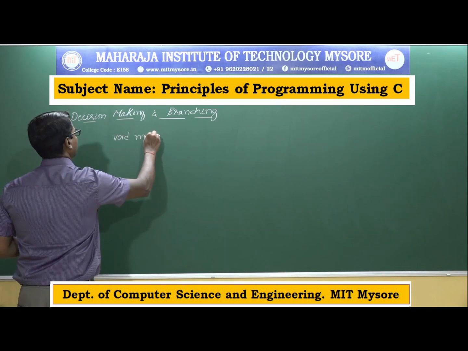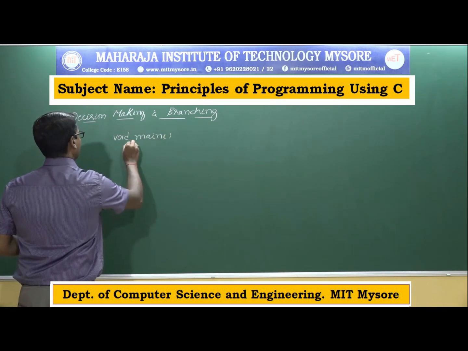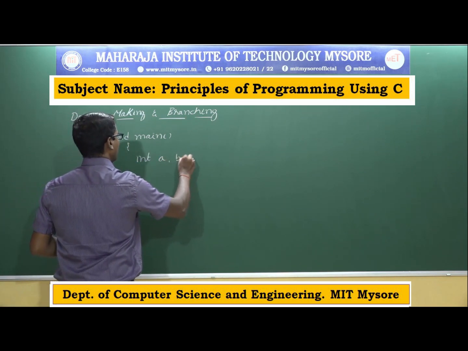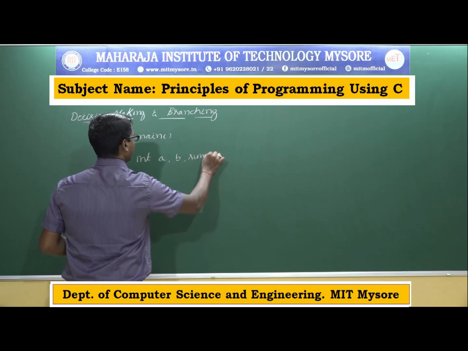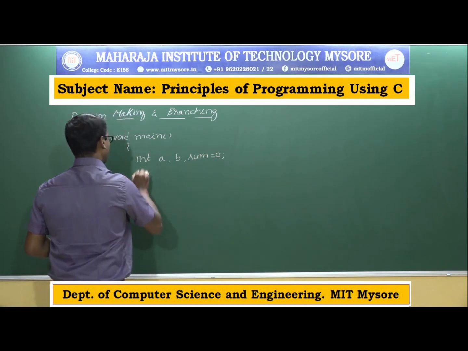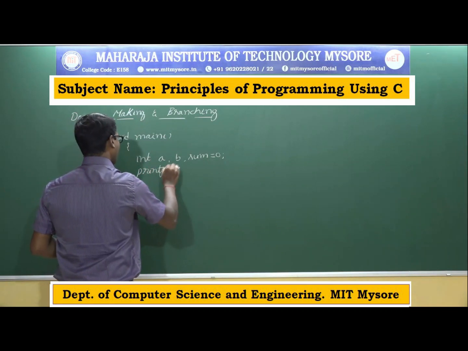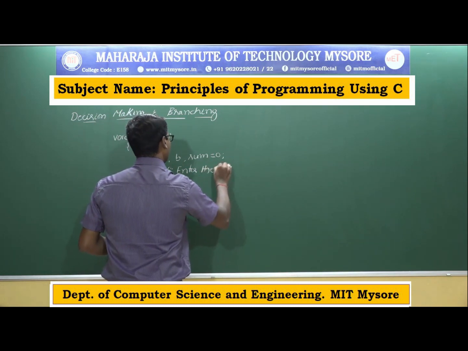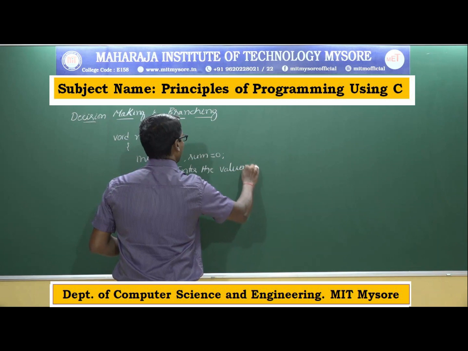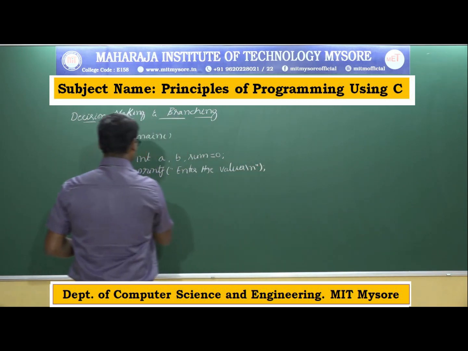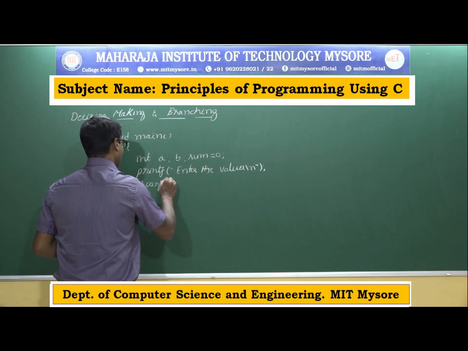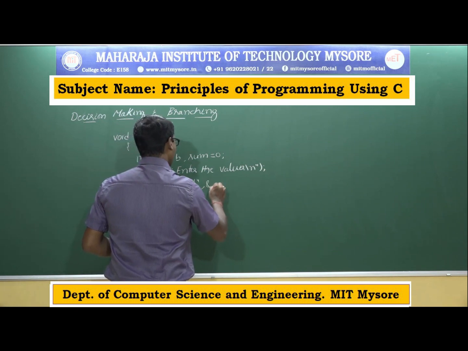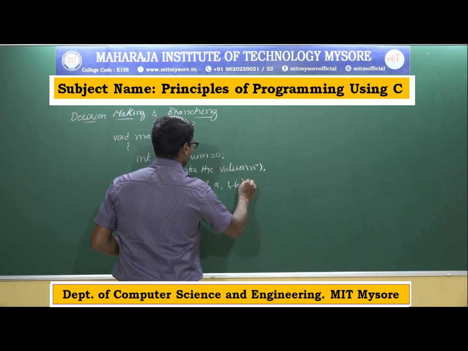void main. I consider two values, int a, b and sum, and sum is equal to 0. printf "Enter the values". scanf %d, address of a and address of b.